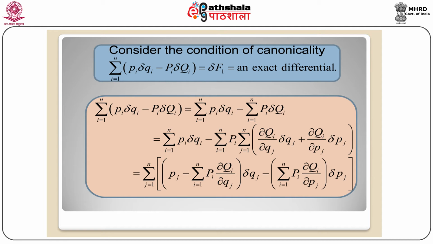Now, the left hand side of the above condition can be expressed as follows. Summation over i equal to 1 to n of small p_i into delta small q_i minus capital P_i into delta capital Q_i.